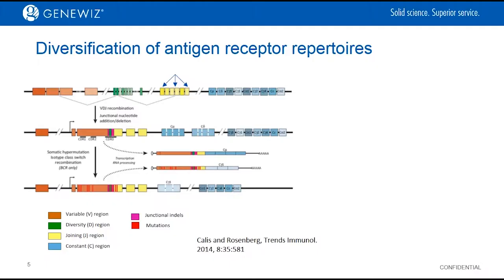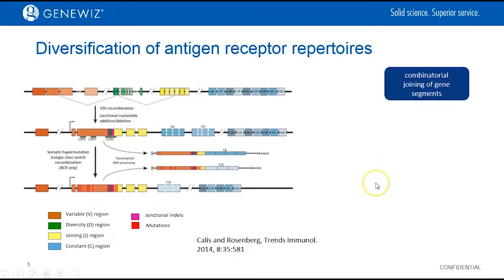Light or alpha chains are composed of two segments, V and J. In the germline DNA, the variable, diversity, and joining regions are encoded by numerous discontinuous genes, and only one gene out of the group will become part of the mature lymphocyte. So this is the first step in generating diversity.